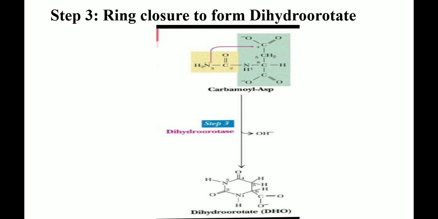That enzyme is a zinc metalloenzyme, which is used to convert carbamoyl aspartate to dihydroorotate, and the enzyme which acts on it is dihydroorotase.